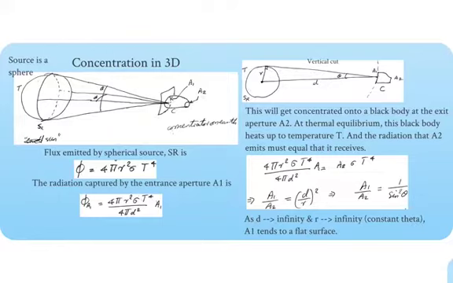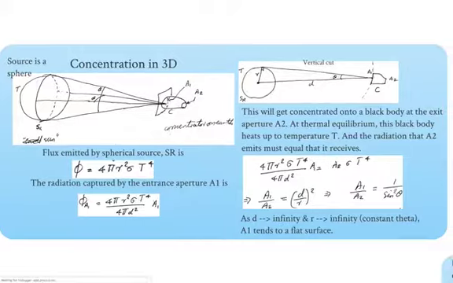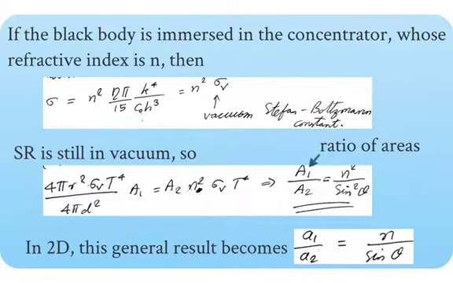It also has one other advantage, that its refractive index, when you have a solid material here, is larger than that of vacuum. So the refractive index here can be larger than 1, and that actually helps you. This has some deep physics, but really all we need to understand is that it helps us because the Stefan-Boltzmann constant is proportional to n squared, n being the refractive index of the medium.